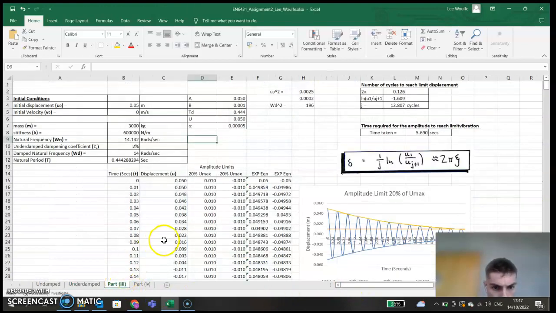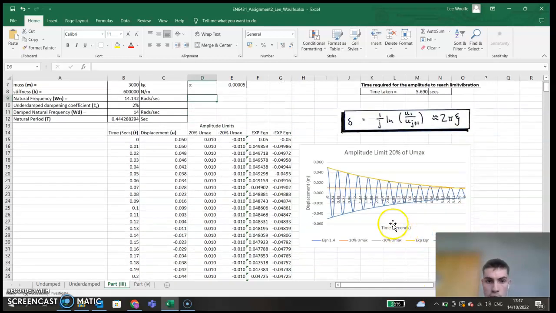The next part was pretty much the same, only the next section which we did have to do here was we had to get the number of cycles to reach the limit displacement and get the time taken. So basically for the graphical method, what we done was we put in an amplitude limit. So for the 20% u max, which was 20% of 50, which is 10 millimeters, I put in 10 millimeters.